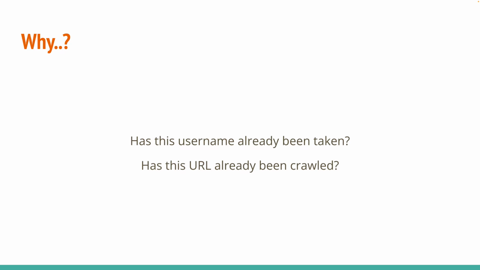So it has to track already visited URLs, and when it encounters a new URL, it has to verify whether that particular URL has already been visited or not. If it has been visited, it can skip it and move on to the next one. If it's not visited, it can go ahead and visit that URL. So this is another use case where Bloom filter could fit in and serve the purpose very well.